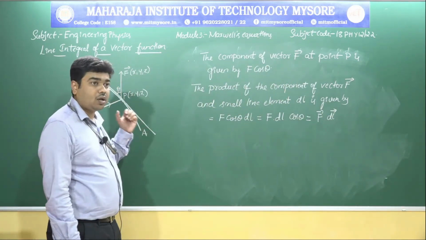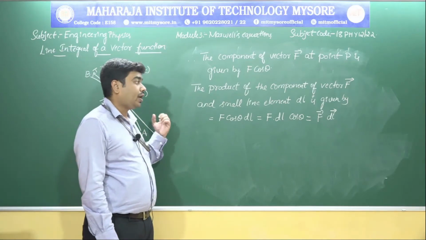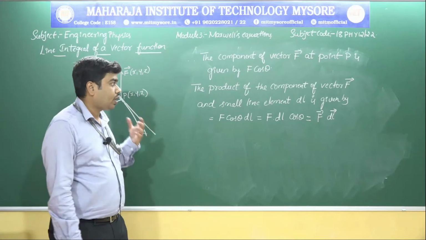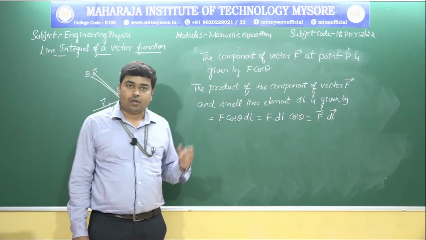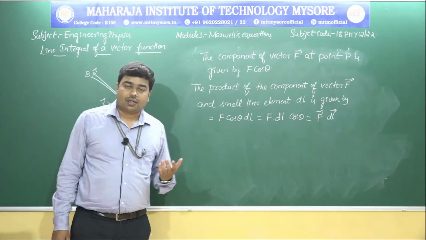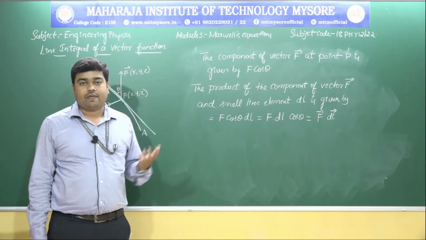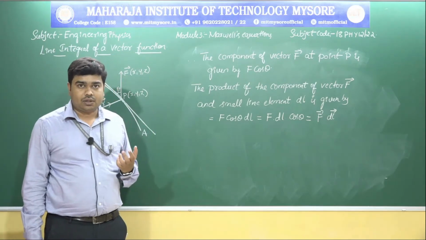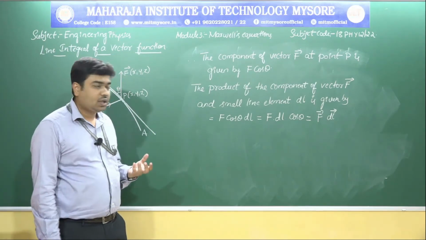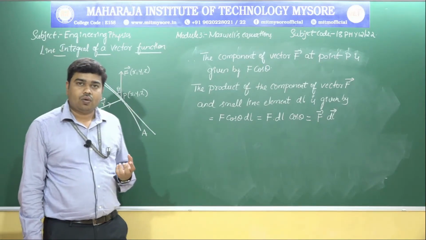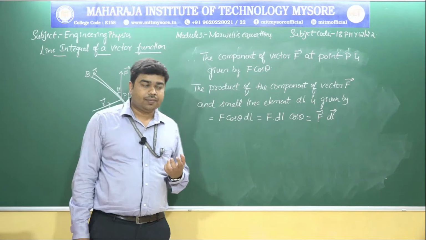Now this is the component of the line integral at the point P, but we need to calculate the line integral for the whole curve AB. Since we have said that the curve AB has been divided into a large number of small line elements, we can apply a limit and then find the line integral for the whole curve AB.